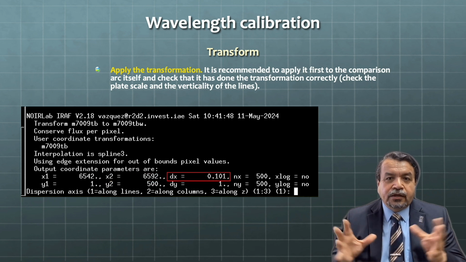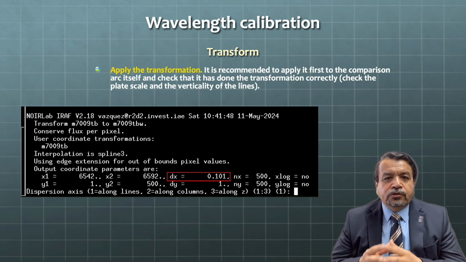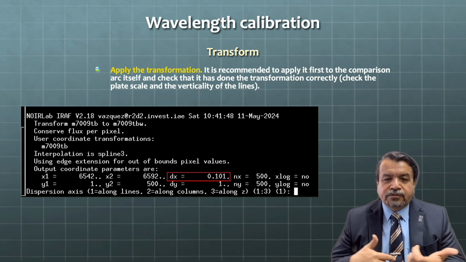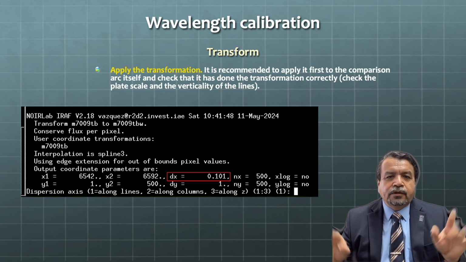That is the pixel scale, okay? In this case, the dimensions of my image are 500 by 500 pixels. In the case of Y, there is no calibration, even though we know the spatial scale, but there is no calibration there. It's pixels, 500 pixels.